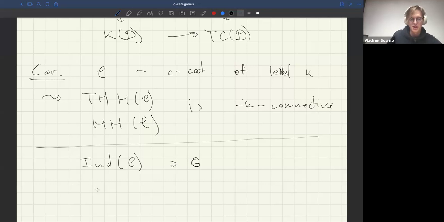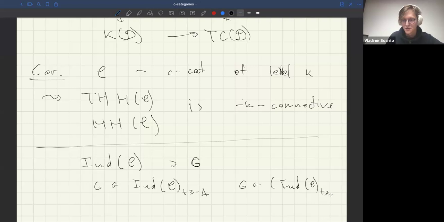So we just have that G is in ind of C, t greater or equal than minus a, and it's also orthogonal to ind of C, t greater or equal than a. So this is the first condition in the definition of weak approximability. So assume we're in a situation when this is satisfied.